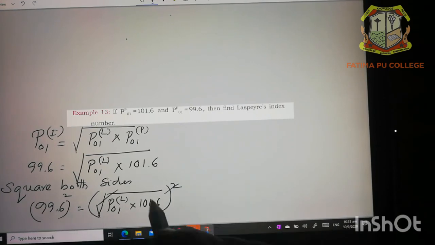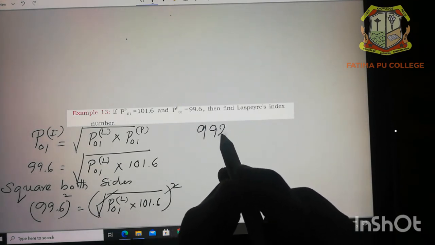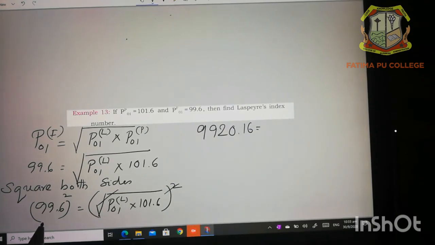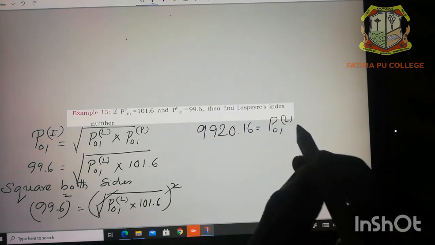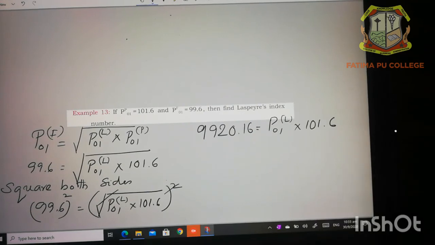Then what will be left out here is 99.6 square. 99.6 square is 9,920.16. This is LHS. In the RHS, we have this P01L as it is and 101.6 as it is. See, the square root is gone. So what will be left out is only these two.